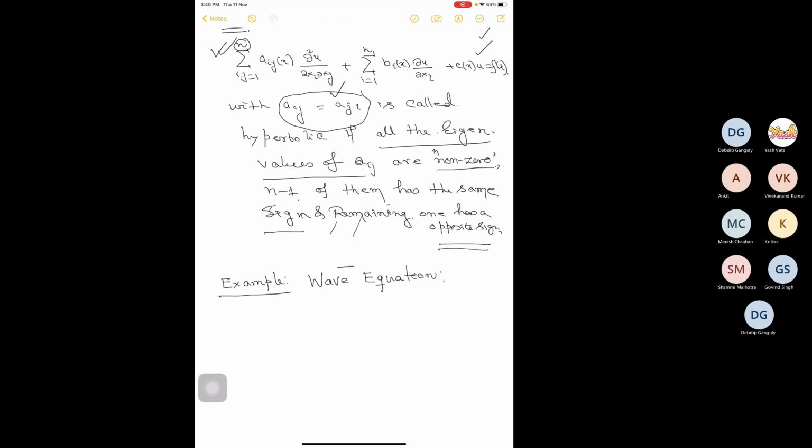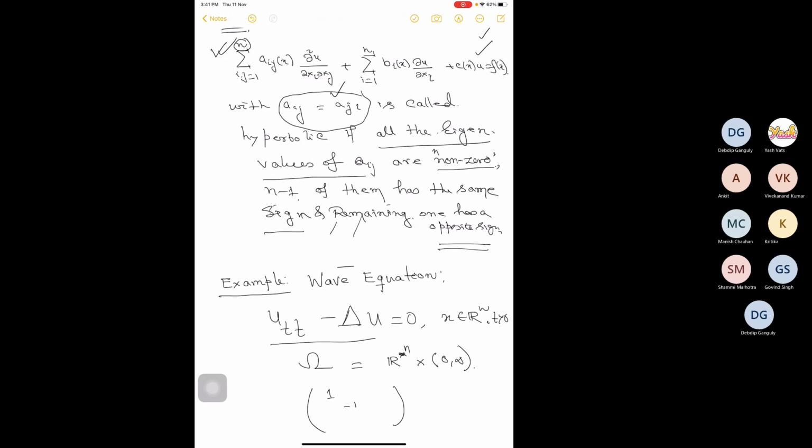That is, u_tt minus Laplacian of u equal to 0, where x is in R^n and t is positive. So your domain Omega is nothing but R^n cross (0, infinity). Can you tell me what the matrix is?